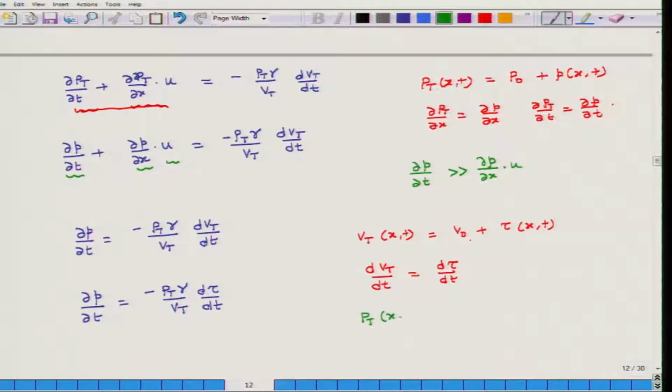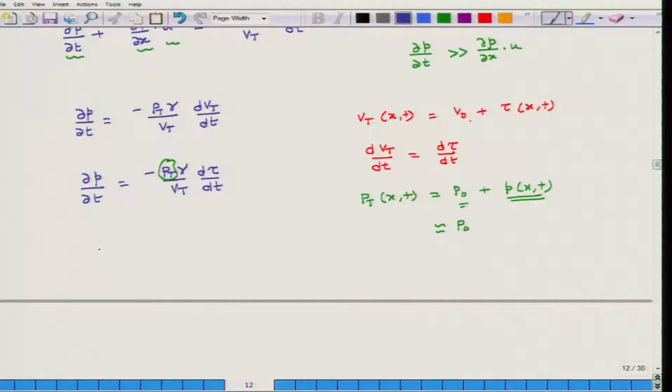Then we say that Pt of x and t is equal to P naught plus p of x and t, and p is very small compared to P naught. So, in this term Pt, I can approximate Pt as P naught.